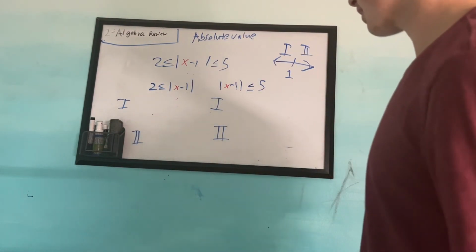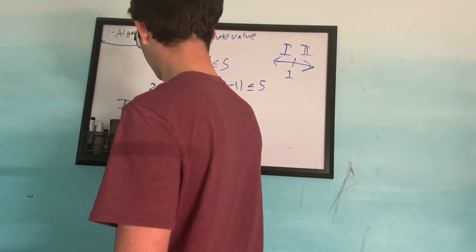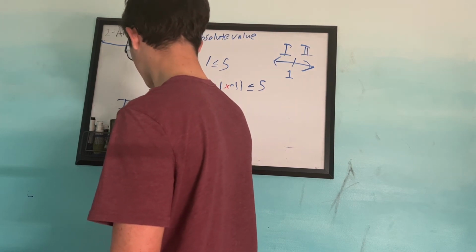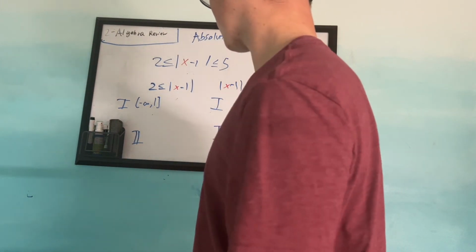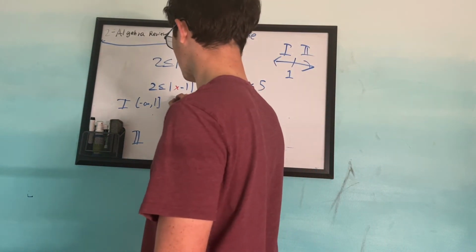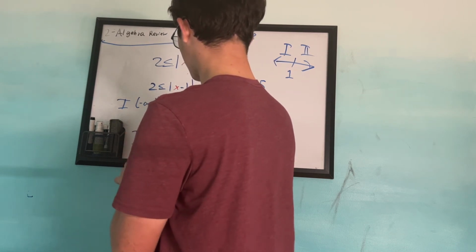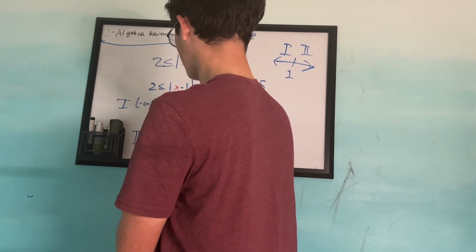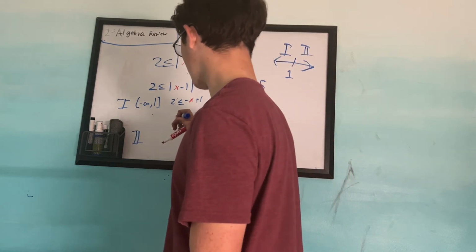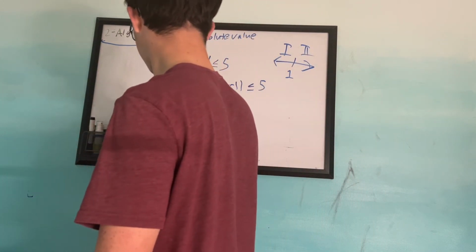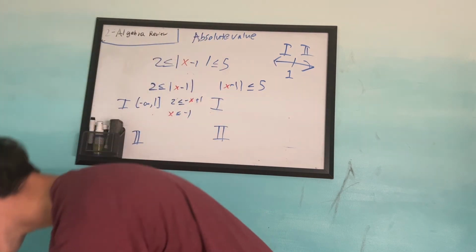So over here, we're going to consider any value in this range, along with this when it's negative. So 2 is less than or equal to negative x plus 1, because that's just what the negative is. Then we just add x to both sides, subtract 2 from both sides, and we got x is less than or equal to negative 1. That looks right.